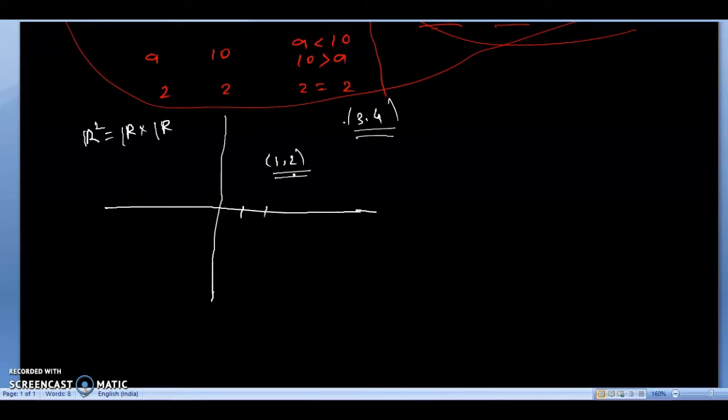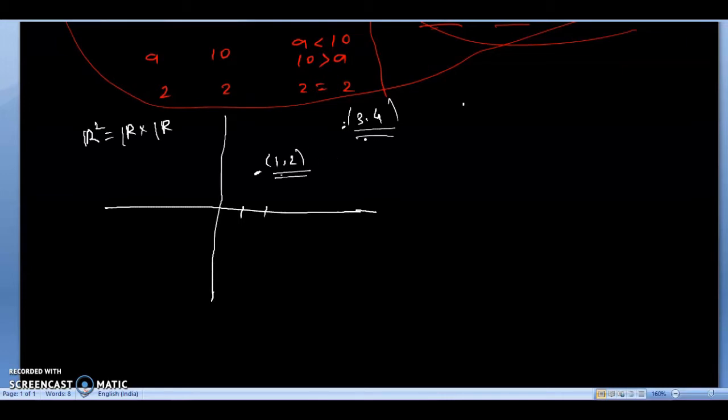Now, if I give you the two points (1, 2) and (3, 4), can you say anything about them? Which point is bigger? Which point is smaller? Are these points equal or not? The answer is no, you can't say that.